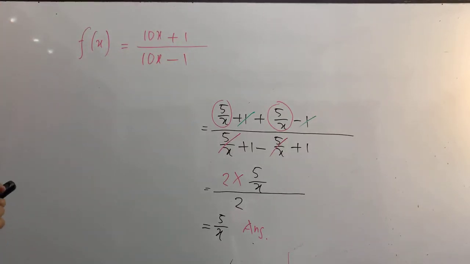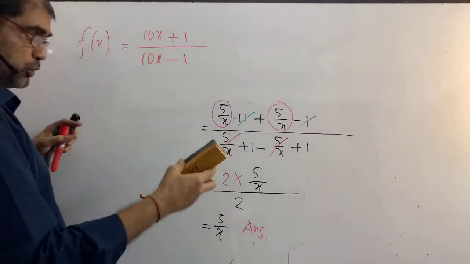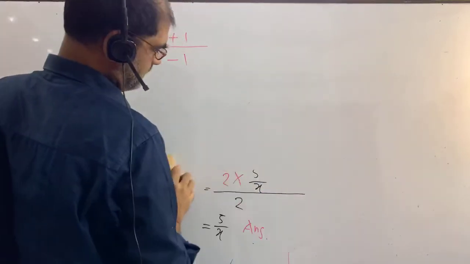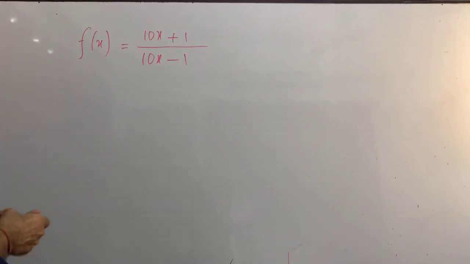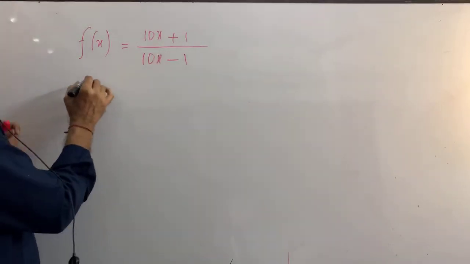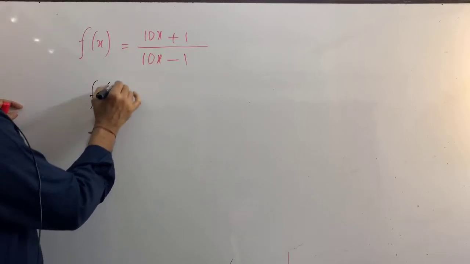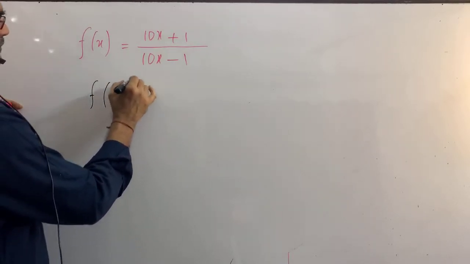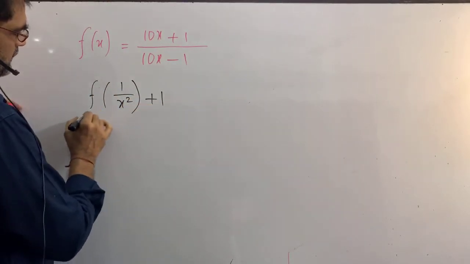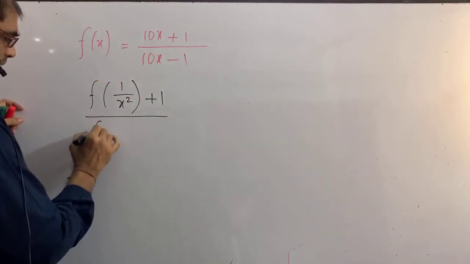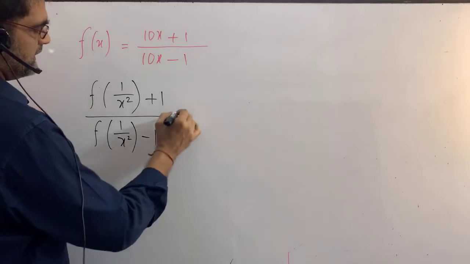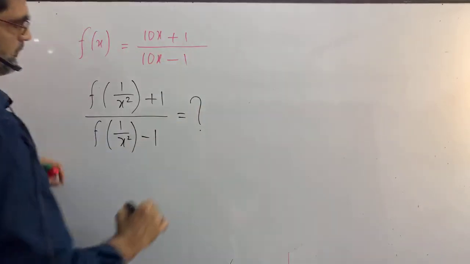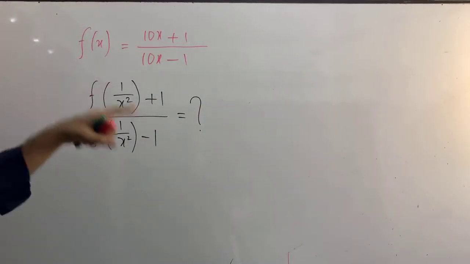Suppose, and you are told to find the value of f of 1 by x square plus 1 by f of 1 by x square minus 1 is equal to what? I think you can do it, okay?